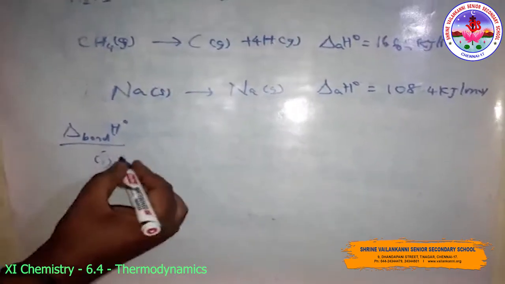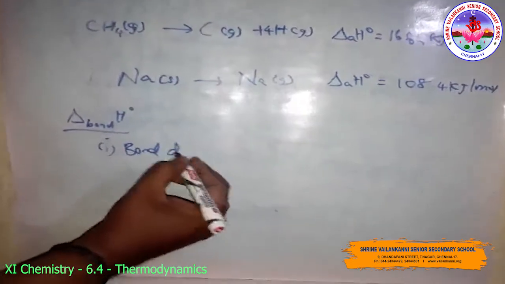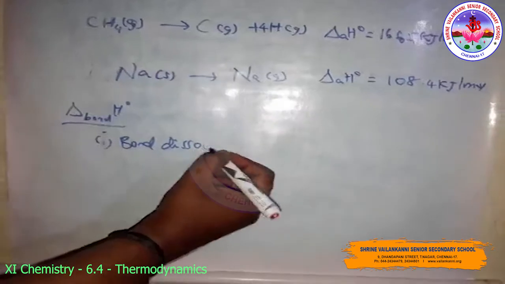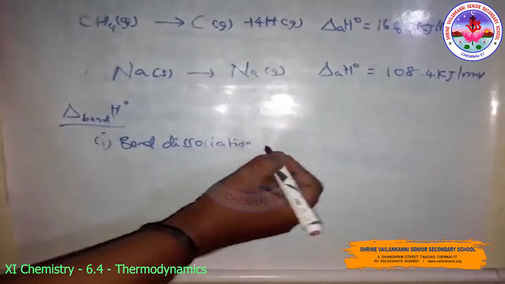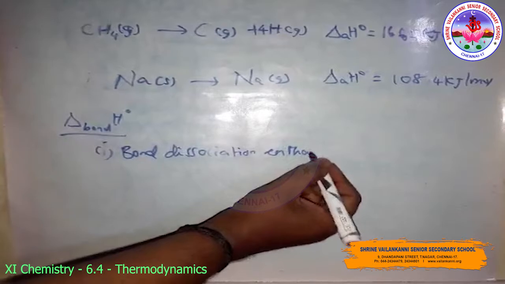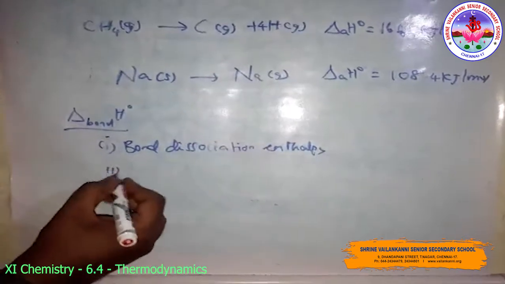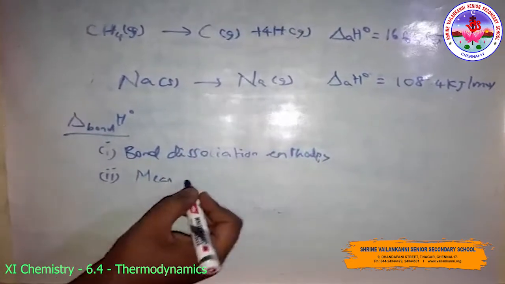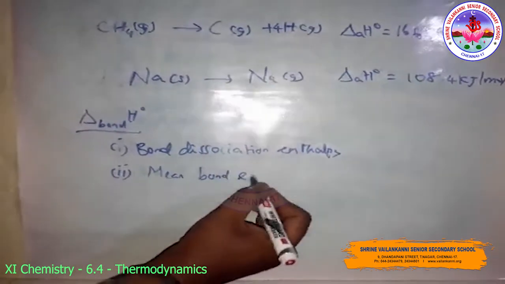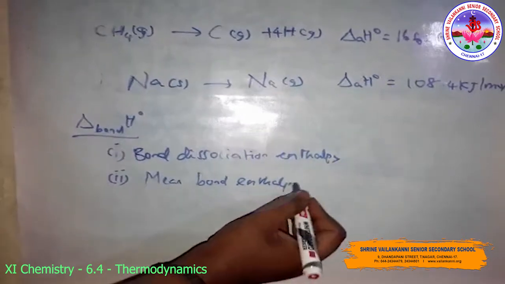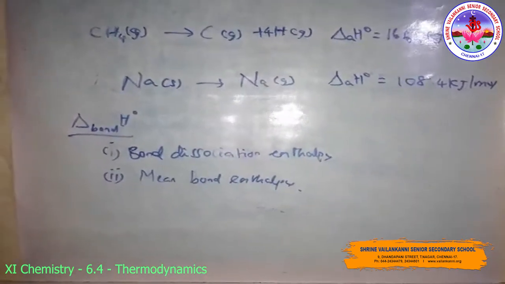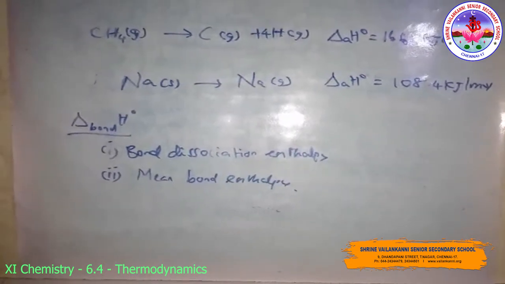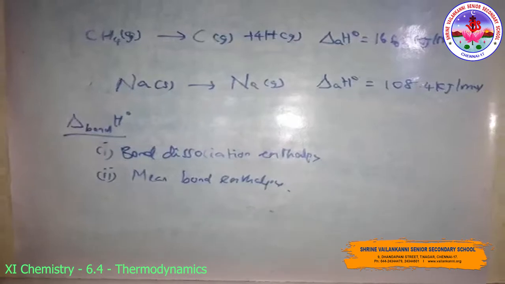First one is bond dissociation enthalpy. Second one is mean bond enthalpy. We can discuss the diatomic and the polyatomic molecule. First, the diatomic molecule.